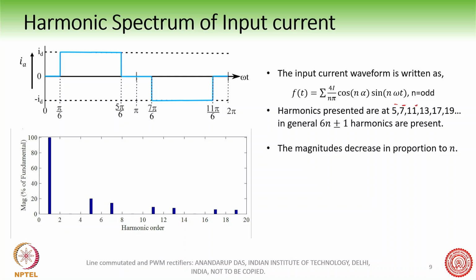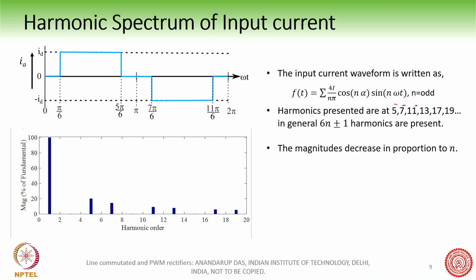The reason is that generally if you have a star connected transformer at the input of this kind of diode rectifier, the third harmonics get cancelled.